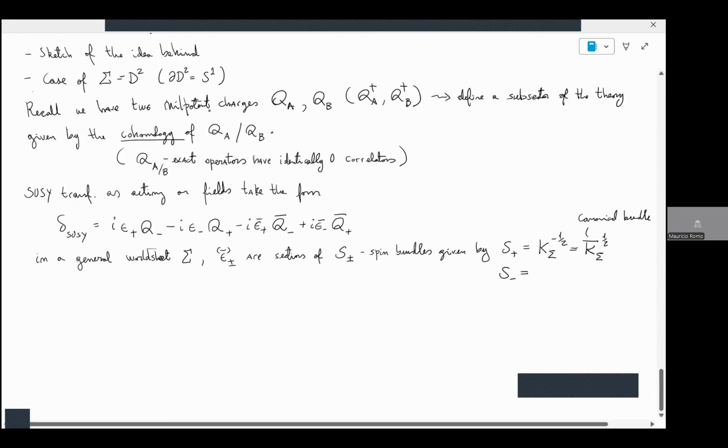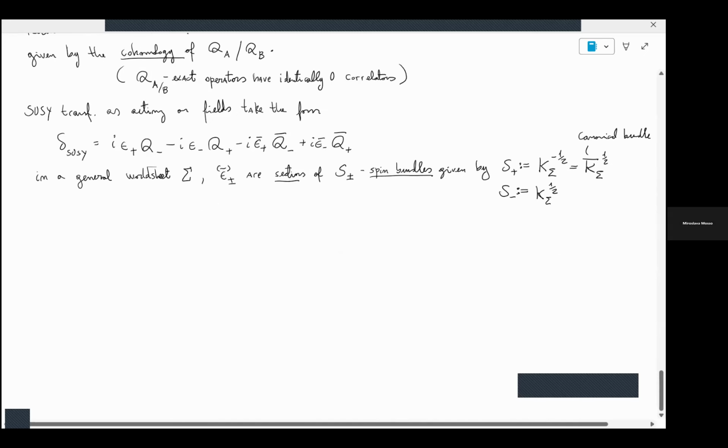And S minus, this is a definition if you want, is the canonical bundle of sigma, and you take a square root. If you are more familiar with the physics, this is just left and right moving fermions, left and right moving spinors. That's on flat space, but if you are on a curved worldsheet, the correct way to talk about this is sections of the spin bundles.